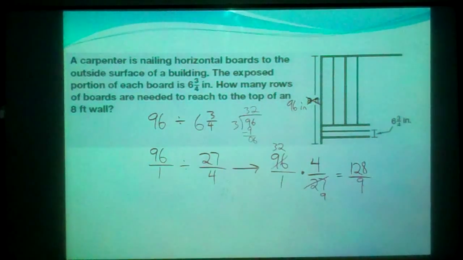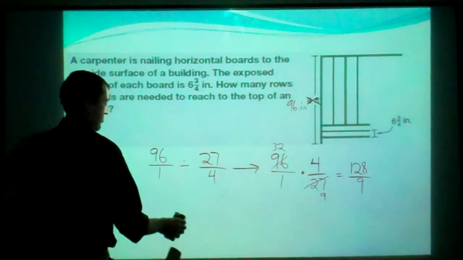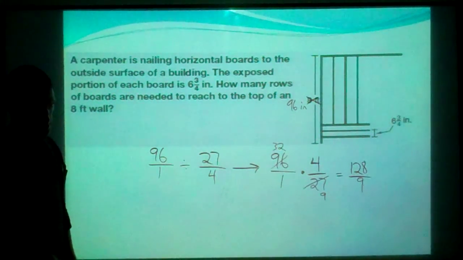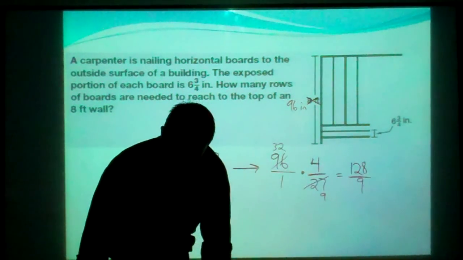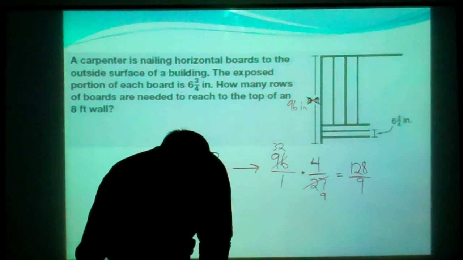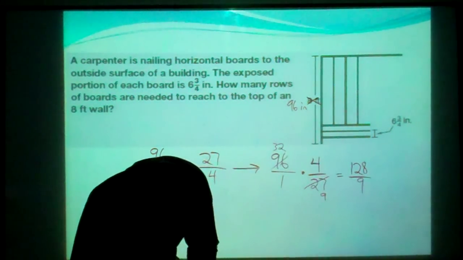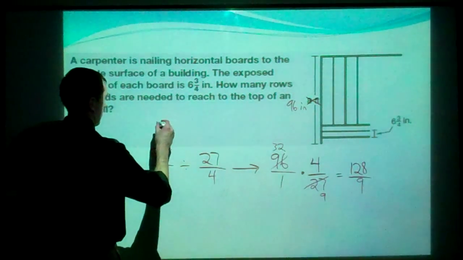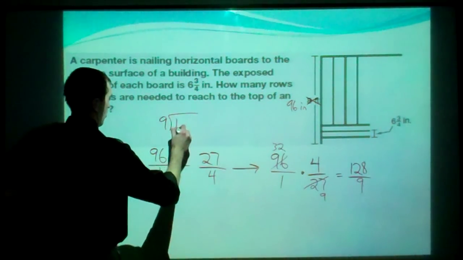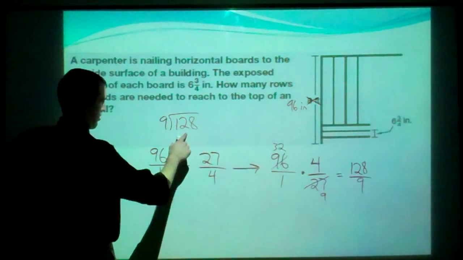I'm going to erase some things again here. We want to turn that into a mixed number. And I want to make sure we're on the right track here. Okay, looks like we're good. We're going to actually want to divide that 9 into 128. 9 goes into 12 once.